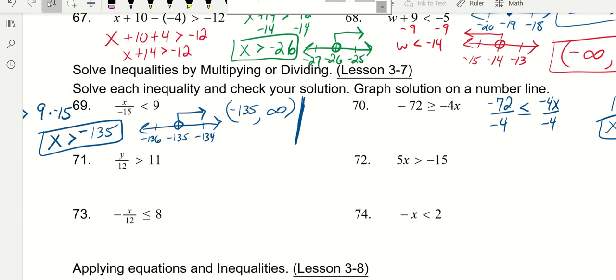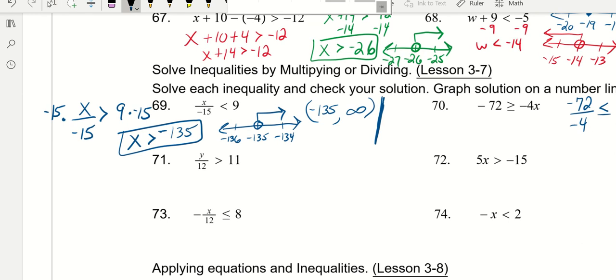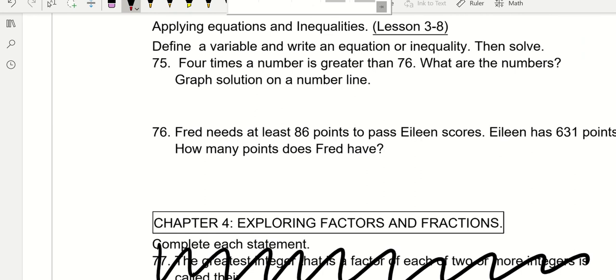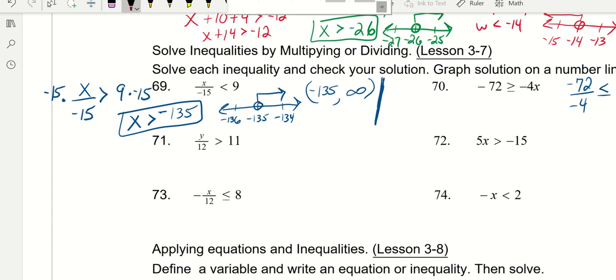Let's keep on moving. Number 71. All right, no negative here, so we just multiply both sides by 12. Y divided by 12. We're going to multiply by 12 on the left, and we're going to multiply by 12 on the right. We end up with y is greater than 132.